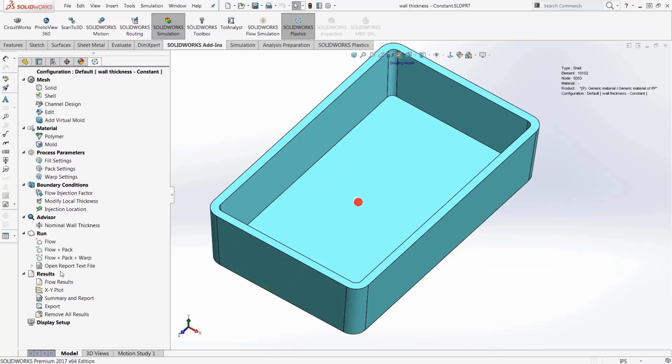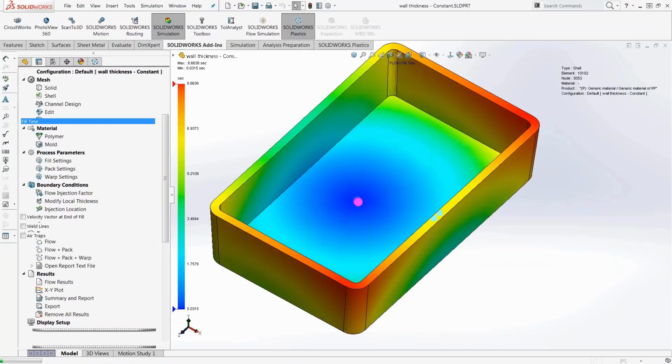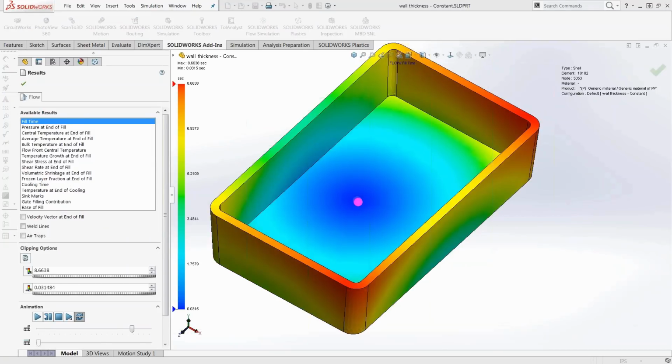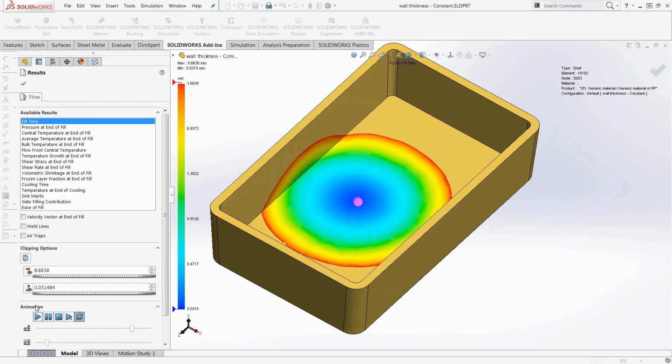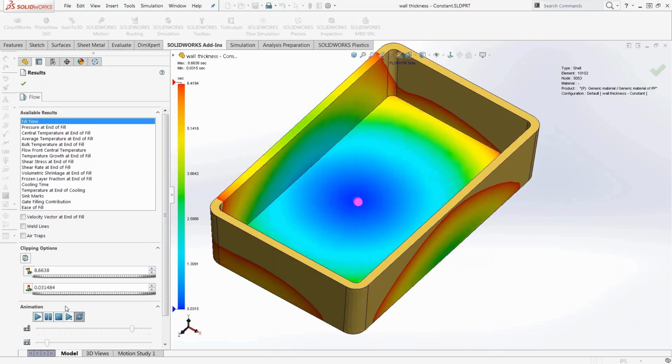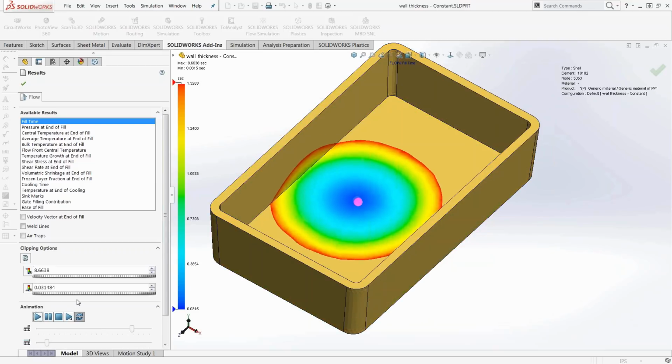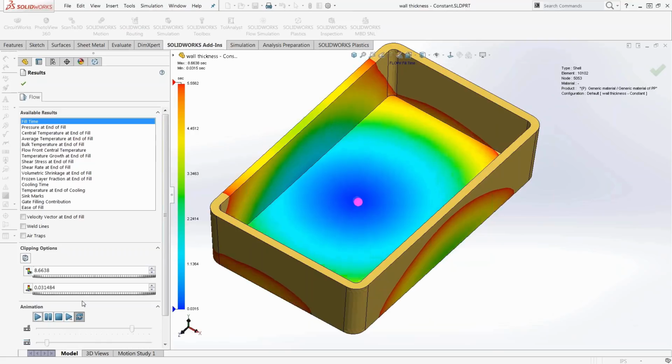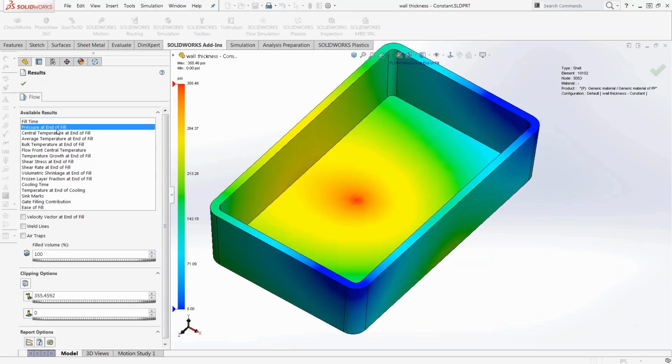Once we run this, we are going to notice how it fills. We see the molten plastic going from that initial gate location to the extremities of the design. One more thing to keep in mind is the pressure at the end of fill. For this specific design, the maximum pressure needed is 350 psi.